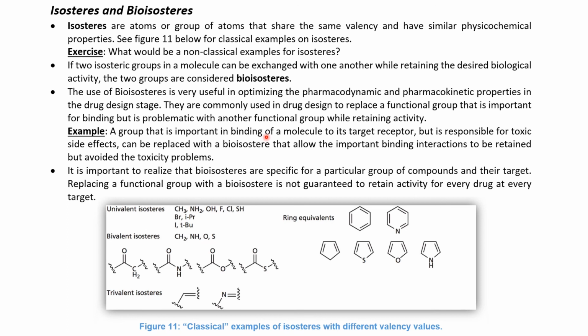This way we would solve the problem of the toxicity and at the same time maintain the biological activity. If we succeed in finding such a group, then now these two groups will be defined as bioisosteres.